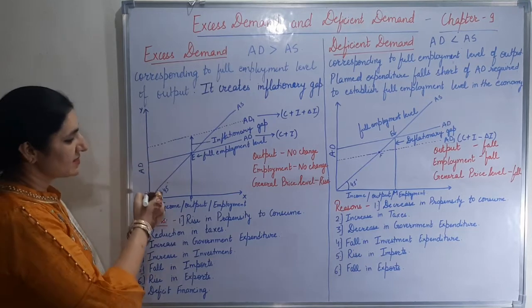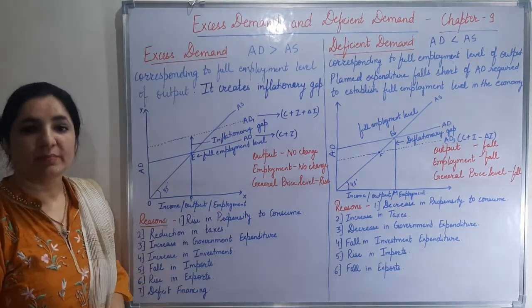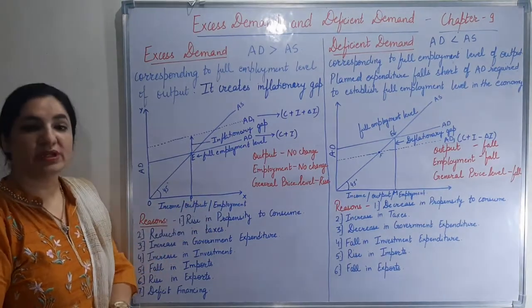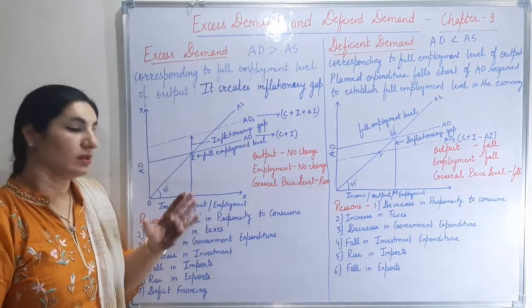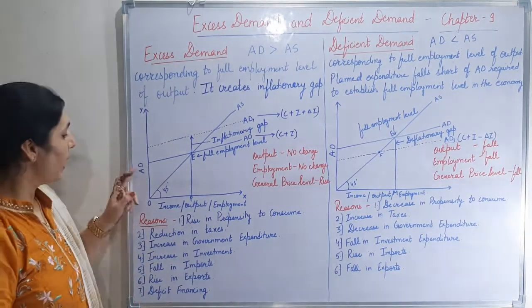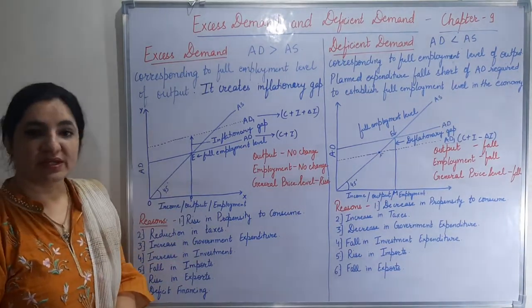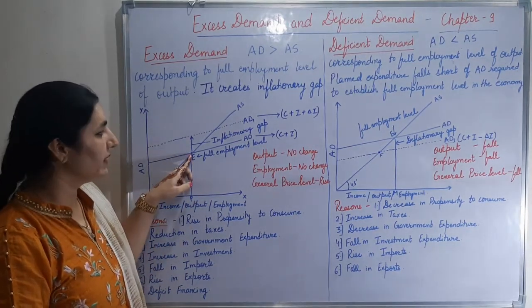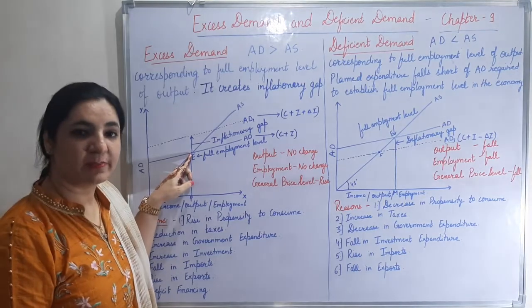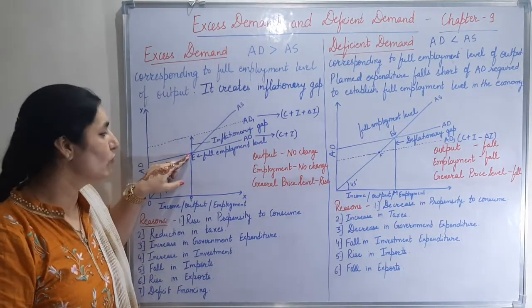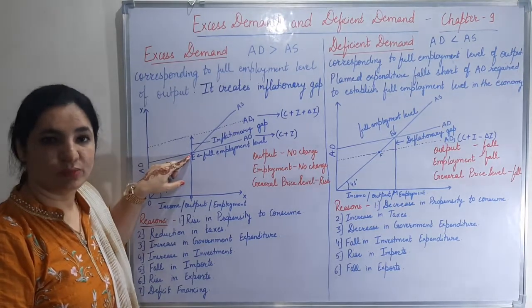On x-axis, we have taken income, employment and output. These are actually the points where the impact of excess demand will be seen, and on y-axis, we have taken aggregate demand. Now, at point E, aggregate demand and aggregate supply both are intersecting each other, and this is the full employment level point.